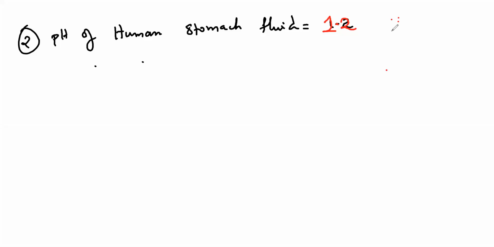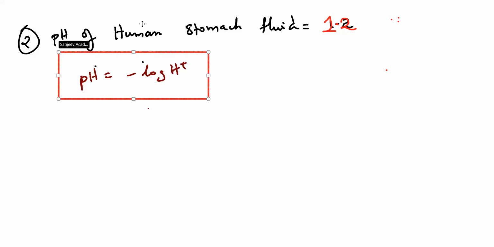So again, write down the same thing. pH is equal to minus log of H plus. The formula we have to write first. Substitute. The pH value is given as 1.2, equal to minus log of H plus.